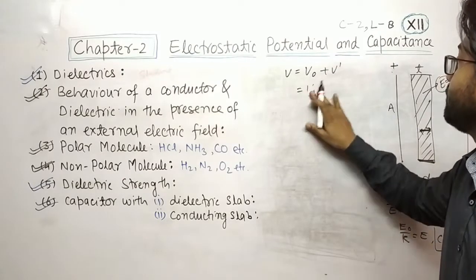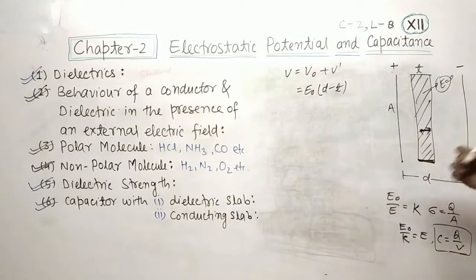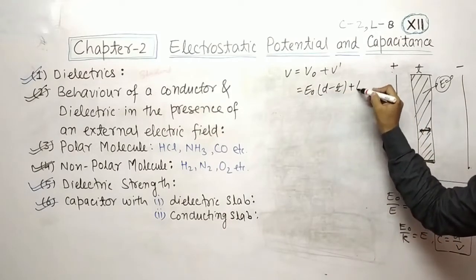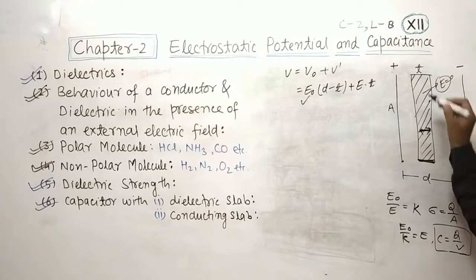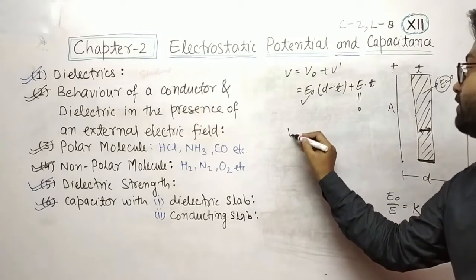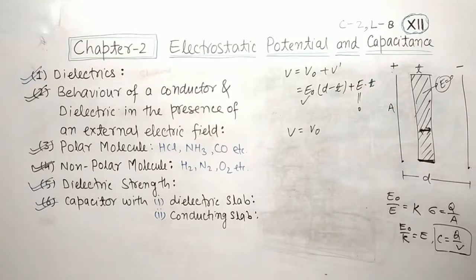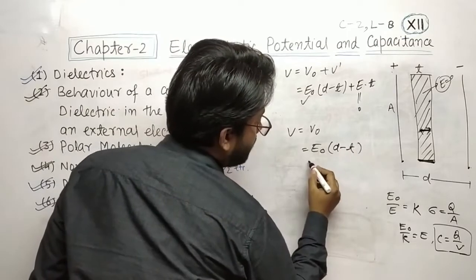V naught is E naught into D minus T, like in the previous question. E into T, there exists an external electric field, but there is no electric field inside the conducting slab. That means this will be equal to 0. Finally, we can write V equals V naught, and V naught is equal to E naught times D minus T.